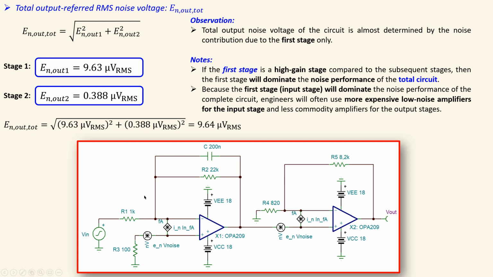So this will be nicely designed as a low noise amplifier, but these subsequent stages will not be that expensive. That's what we most of the time do when we design a low noise amplifier. Okay, that's for this part.